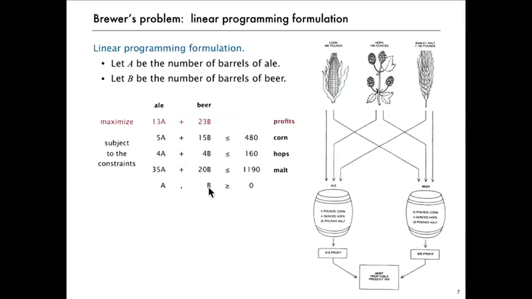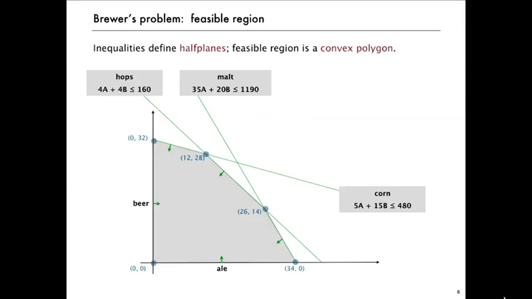And of course, I have to make a non-negative number of barrels of ale and beer. So that's a mathematical formulation of the problem. So that's linear programming. That's reducing the brewer's problem to a mathematical formulation. So now we want to try to get a better understanding or a geometric intuition on what this thing means.